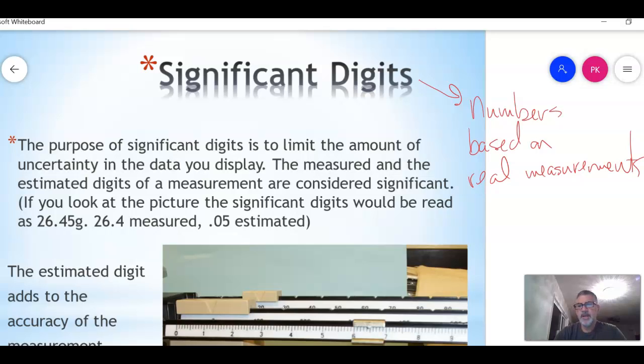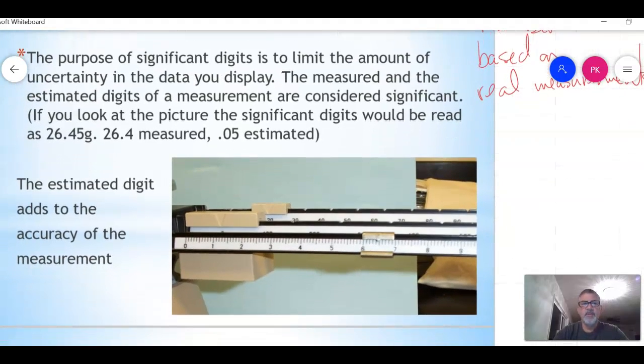So the degree of inaccuracy increases as our digits get larger. All right, so let me give you an example.